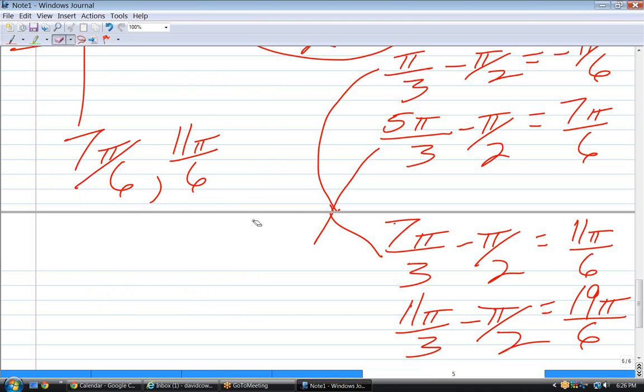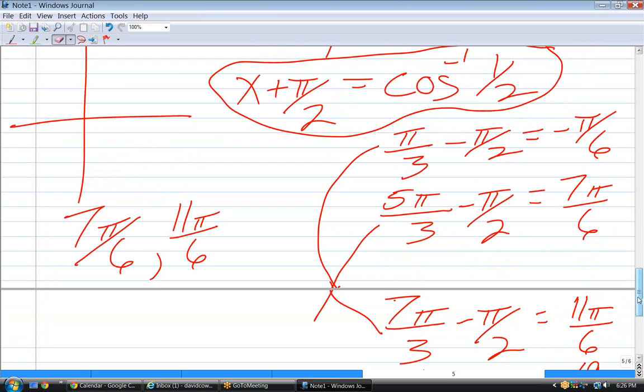I think that is the right answer, even though this is inside 0 to 2 pi. But notice that first answer we got of minus pi over 6, that's the same angle as 11 pi over 6. So really, our first two answers came from this one and that one.